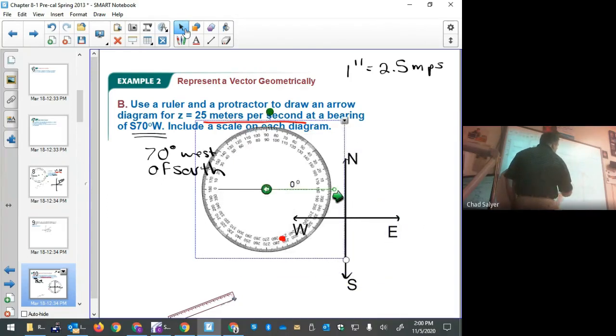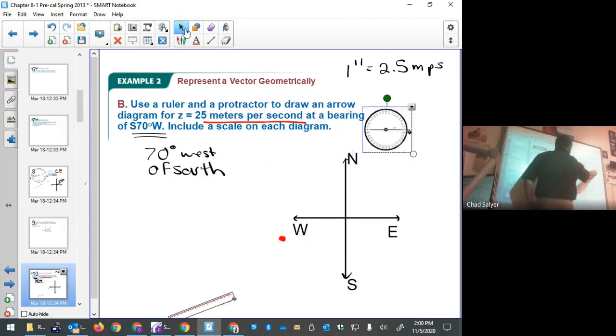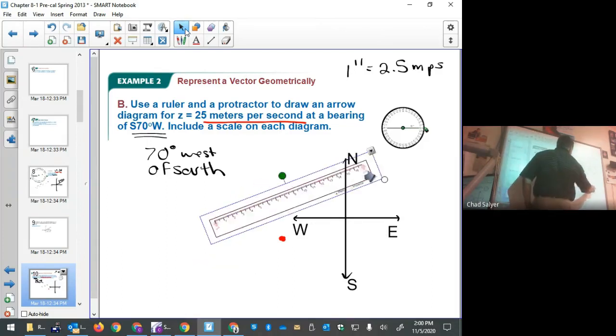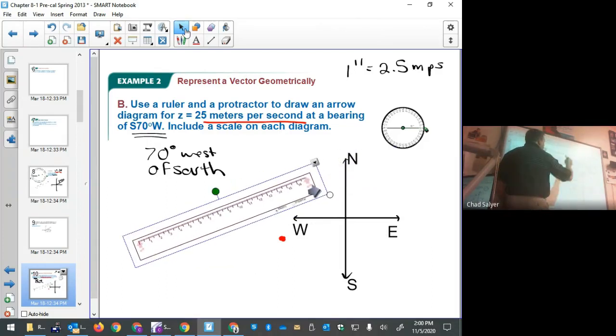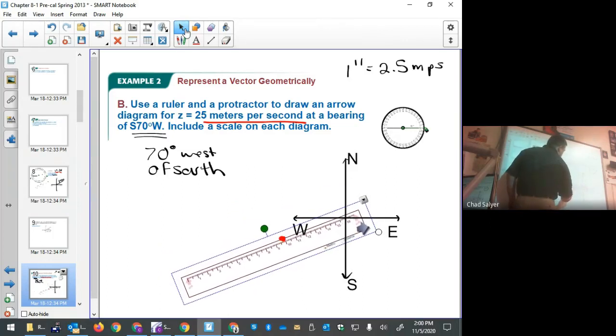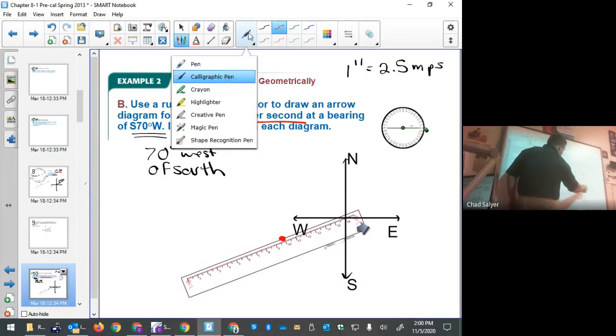So there's the point that's on our solution ray, and then we need a certain length. So I said 1 inch is 2.5 meters per second, meaning we need 10 inches. So let's just get it lined up here. It's pretty close. And I'll go 1, 2, 3, 4, 5, 6, 7, 8, 9, 10.